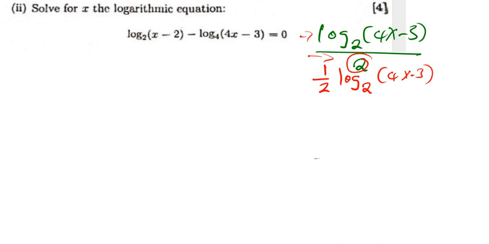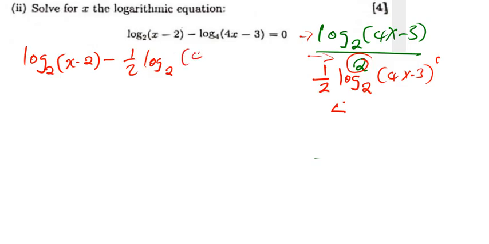So the property of log allows us to shift the power to the front. Again, what is in front can be the power. So now what I have here, I will replace this: log base 2 of x minus 2, then minus half log base 2 of 4x minus 3 is equal to 0.